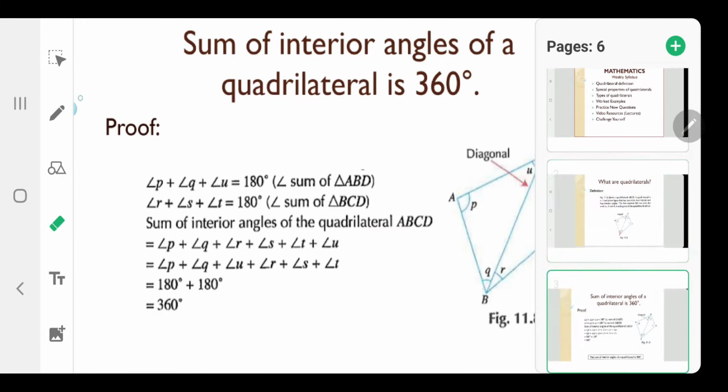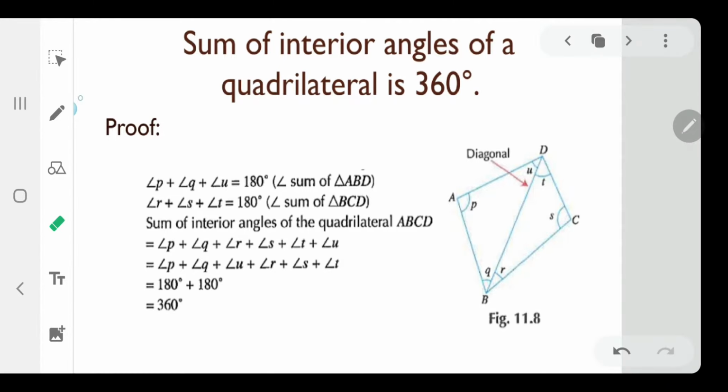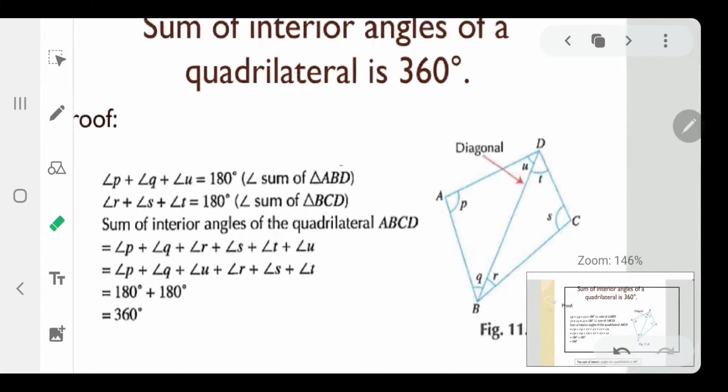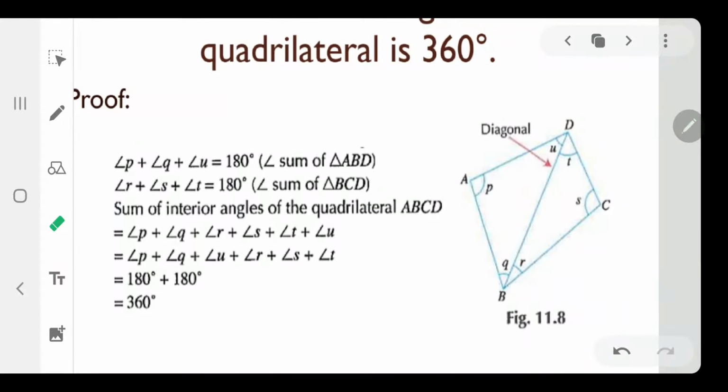So now we are going to learn what the sum of interior angles of a quadrilateral is. For example, if we have a quadrilateral like this that is drawn, there are four interior angles.